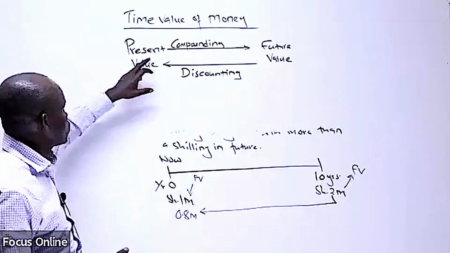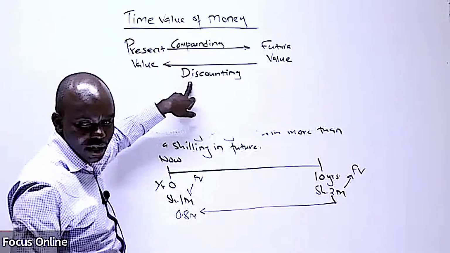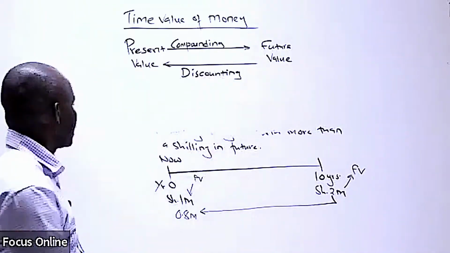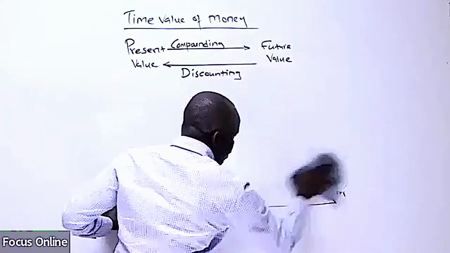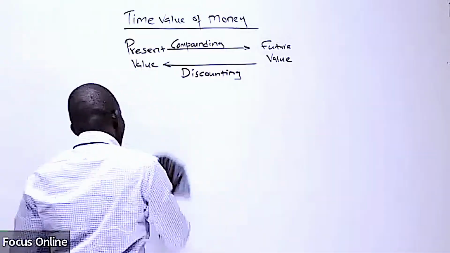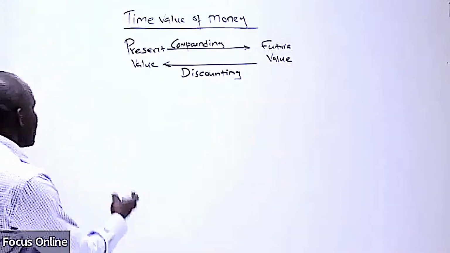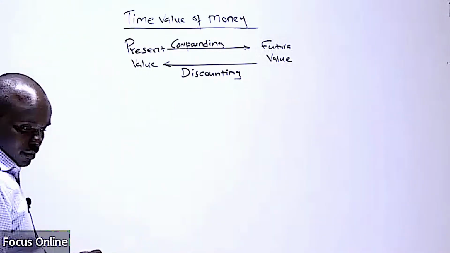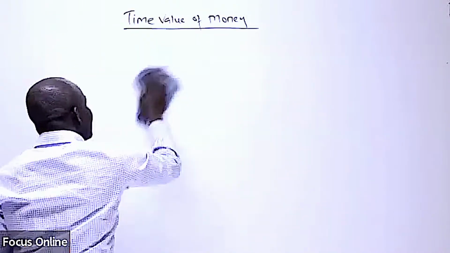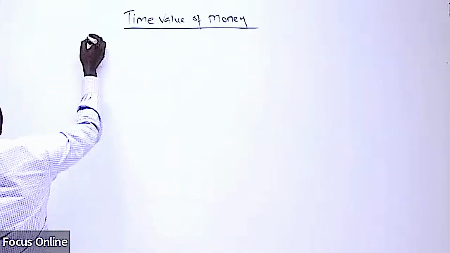Here we've talked about two concepts, the concept of compounding and the concept of discounting. So I want us to start with compounding techniques, number one: determination of a future value from a present value.